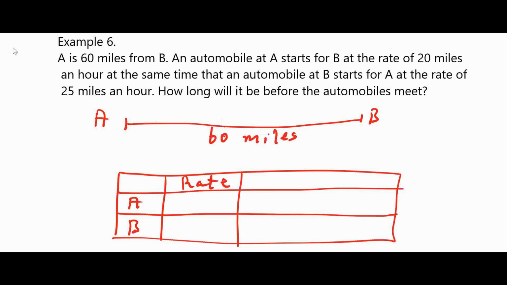So the rate at which the automobile at A is moving for B is 20 miles per hour, while the rate at which the automobile at B is moving for A is 25 miles per hour.